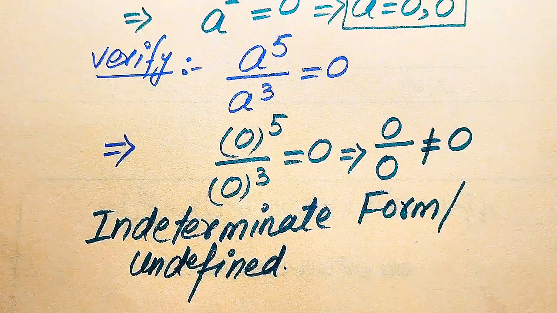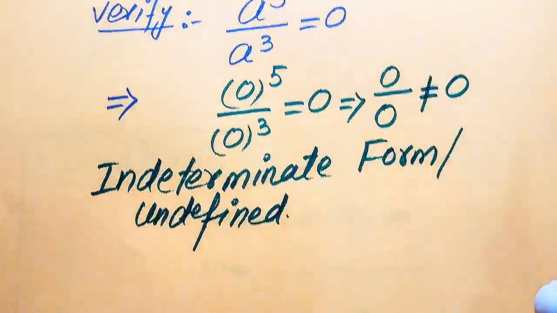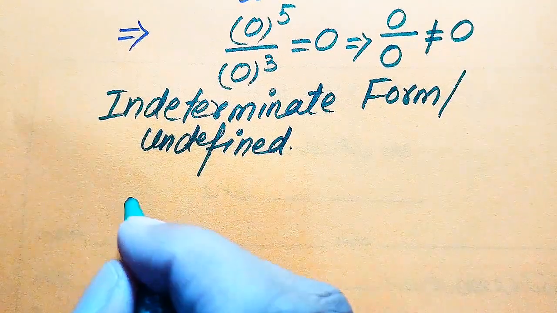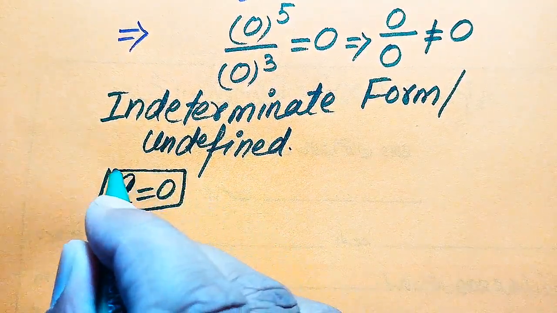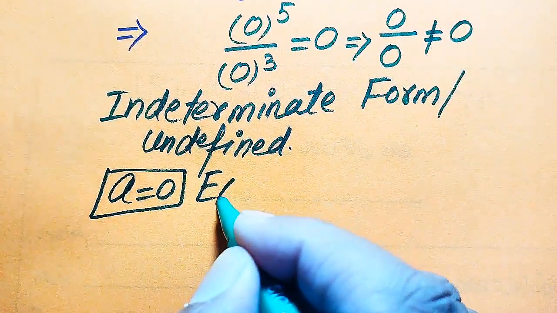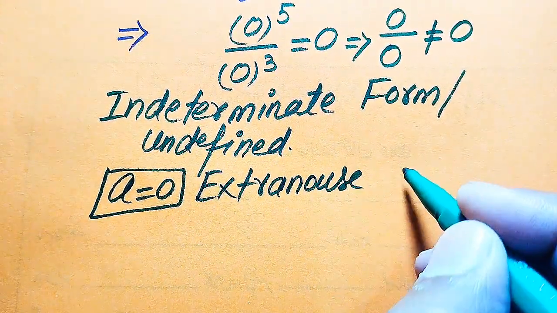So if both of the sides are not equal, it means that the value a equals 0 does not satisfy our given equation. So we call a equals 0 the extraneous root of the given equation.